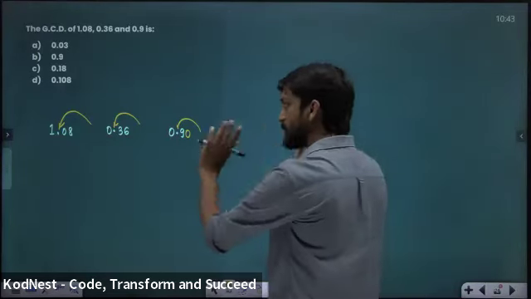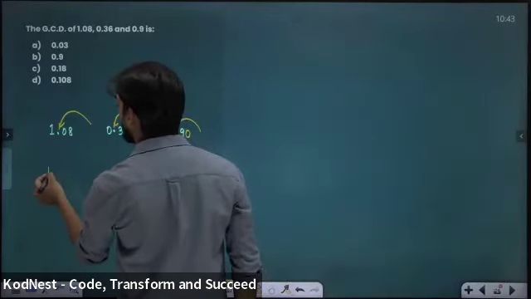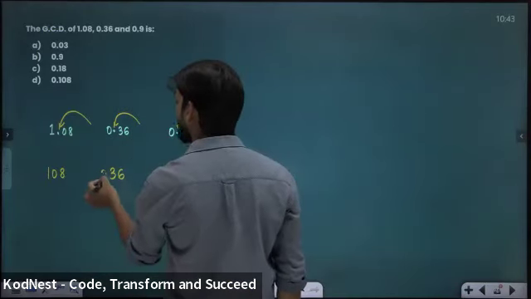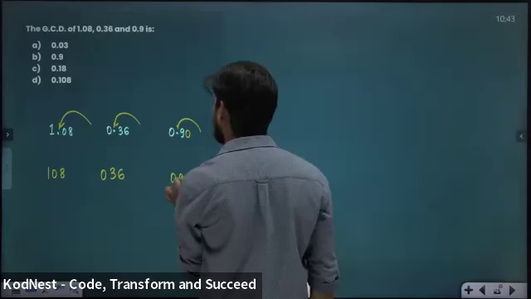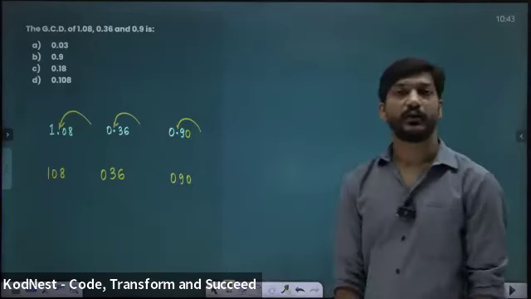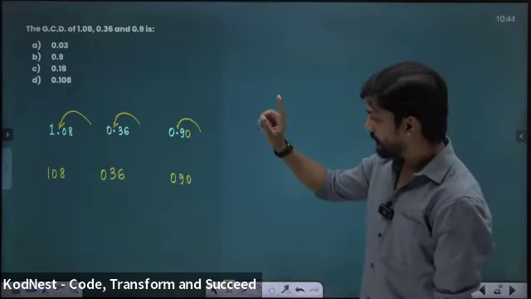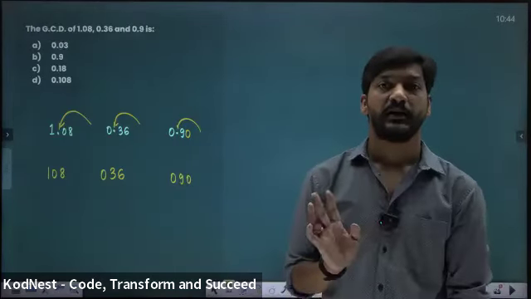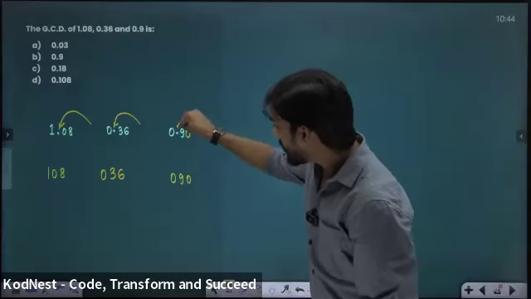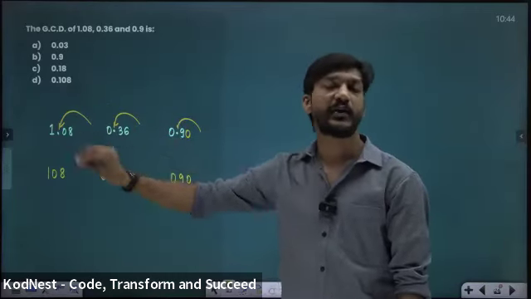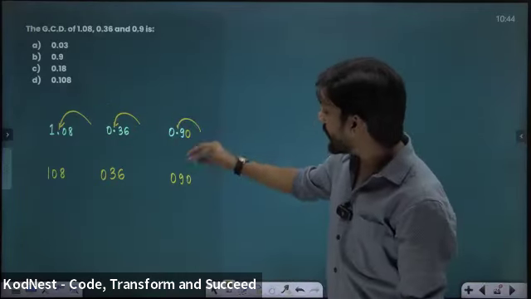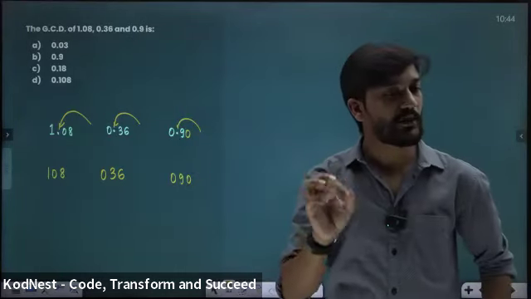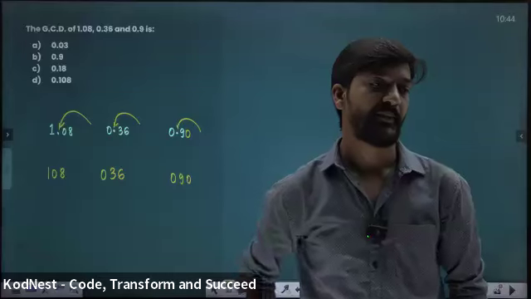Once you have done this, then you will remove the decimal. Just for 30 seconds, I have removed the decimal. So first thing, the decimal should be present at the same place. After that, remove the decimal. Now answer, what is the greatest common divisor or highest common factor of this?